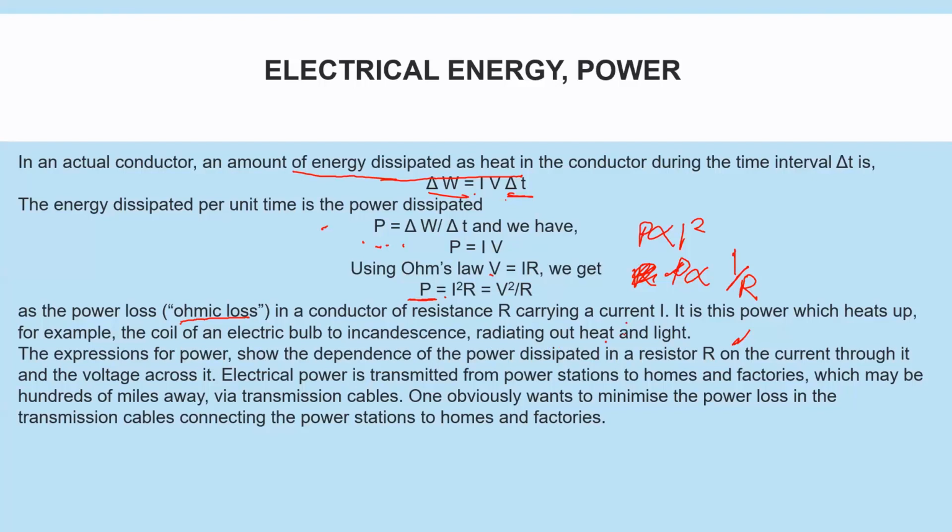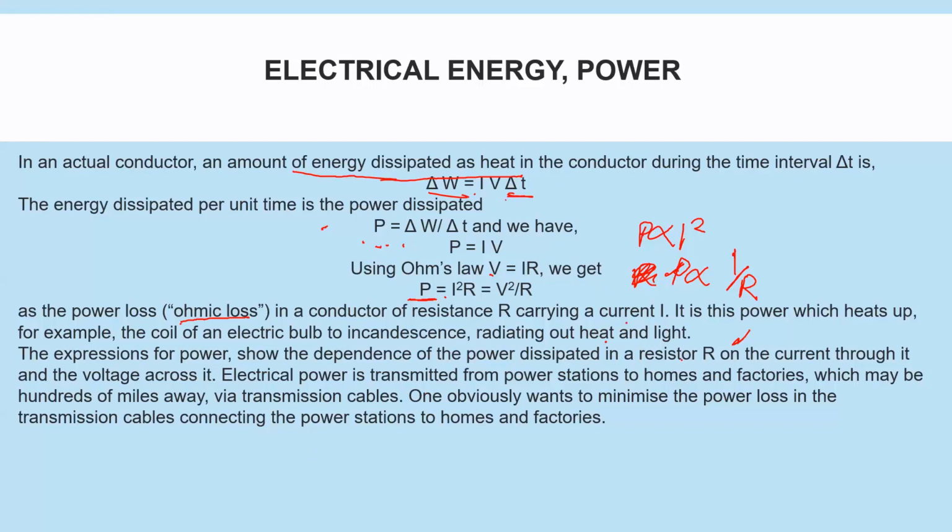So there is a conversion of the form of energy, also the form of the power. This expression shows you the dependence of the power dissipated in the resistor R on the current through it and the voltage across it.